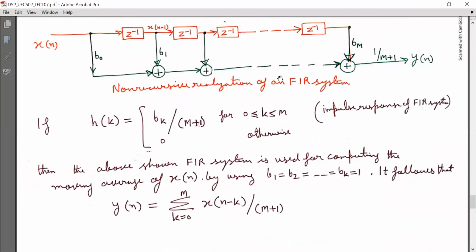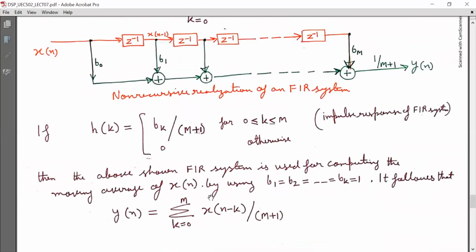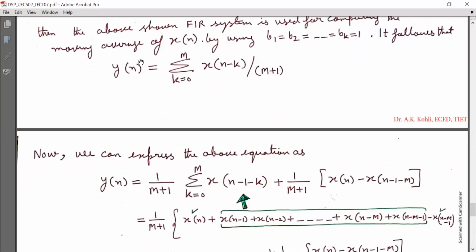In the FIR, if I want a non-recursive realization of an FIR system, I will use this structure for b0, b1, b2, b_k equal to 1. That is for this equation, I will just substitute b0, b1, b_k or b_M equal to 1 and use this for the FIR system.